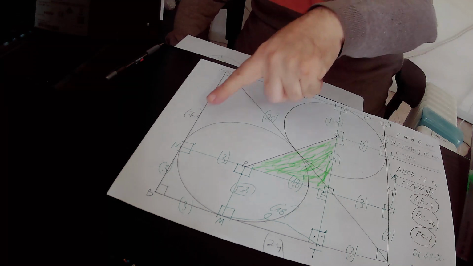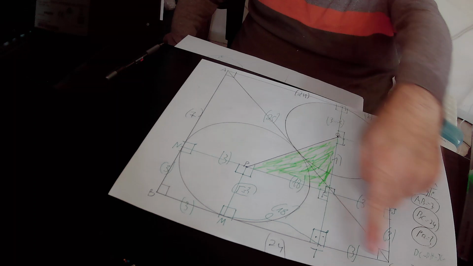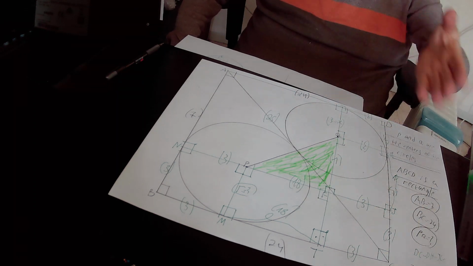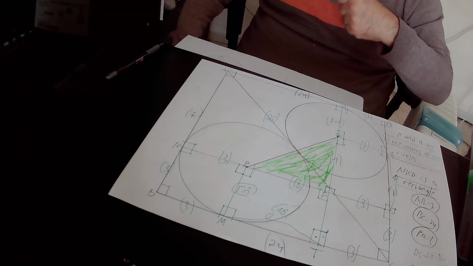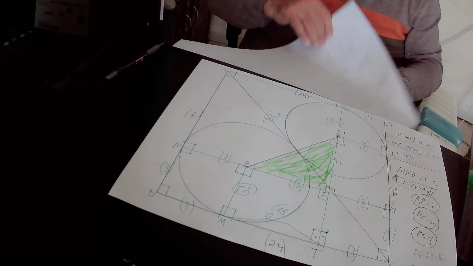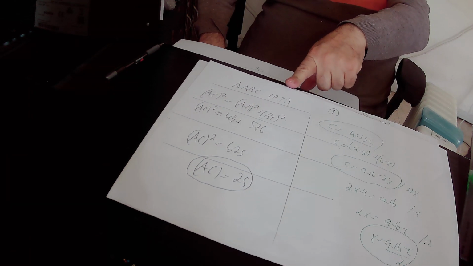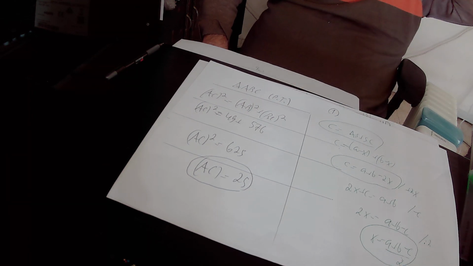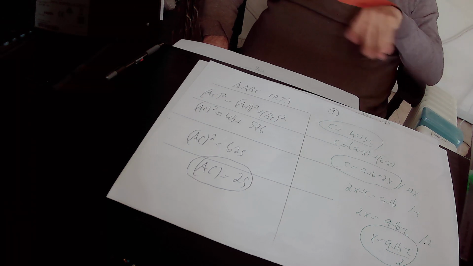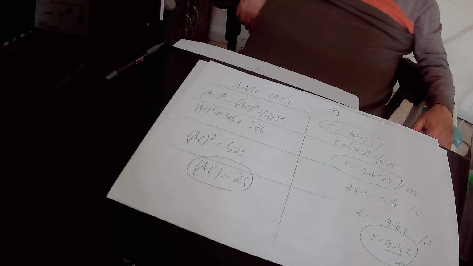Because this angle ABC equals 90 degrees, it means that triangle ABC is a right triangle. So we can apply the Pythagoras theorem on this right triangle ABC. So in the right triangle ABC, by the Pythagoras theorem, in any right triangle, the square of the hypotenuse equals the sum of the squares of the perpendicular sides.